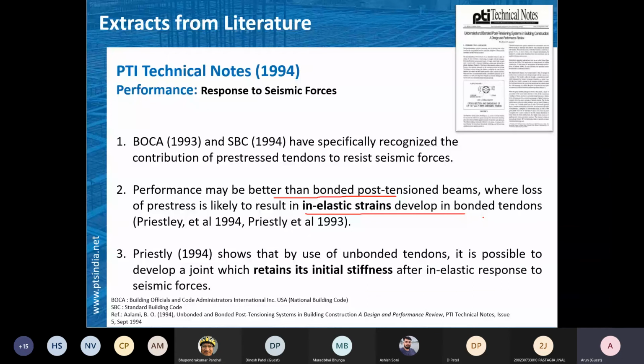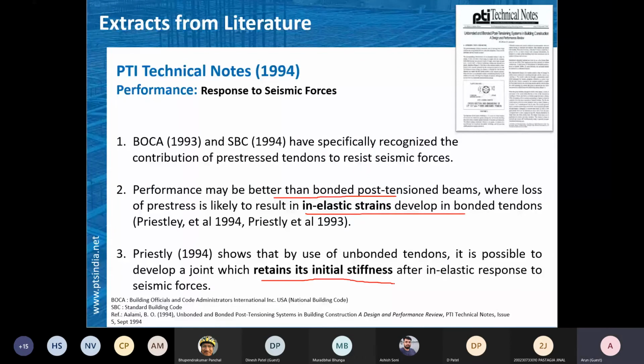Actually, in unbonded tendons, it hardly exceeds the elastic strains. It is not going beyond the elastic strains. It is well within the elastic limits in the general case. Because of that, it can retain its initial stiffness. So because it is not crossing the elastic limit, it can retain its initial status.